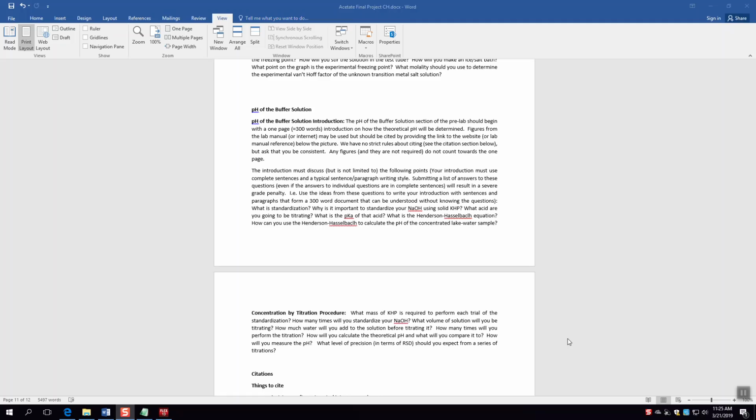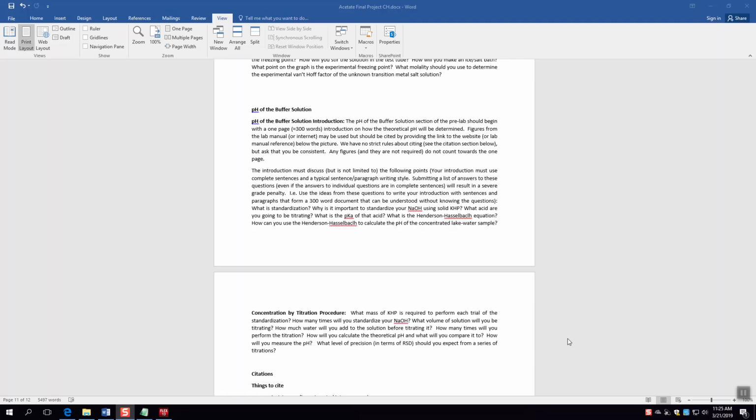So use your C1V1 equals C2V2, where the initial concentration is 5 molar, the final concentration is 0.1, and the final volume is, let's say, 150 milliliters, and figure out how much of the initial sodium hydroxide you should need. So another way, find V1.